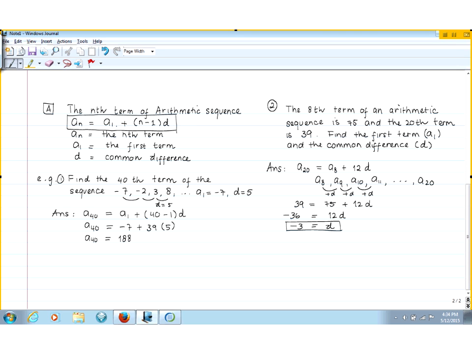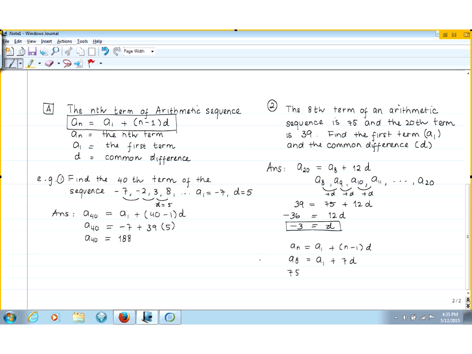Yeah. So how do I find A1? Then I am going to use this formula right here: AN is equal to A1 plus (N minus 1)D, and we have A8 and A20. So A8 is equal to A1 plus (8 minus 1), that is 7D. Now we're going to substitute the value of A8 and D so we can calculate the value of A1.